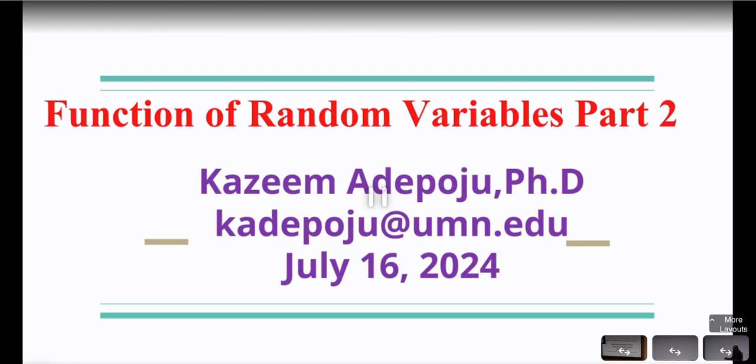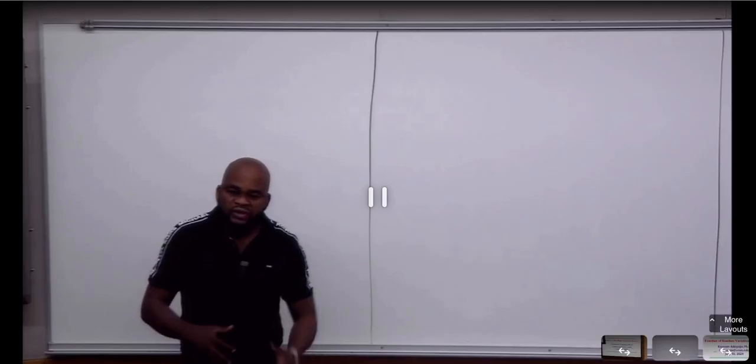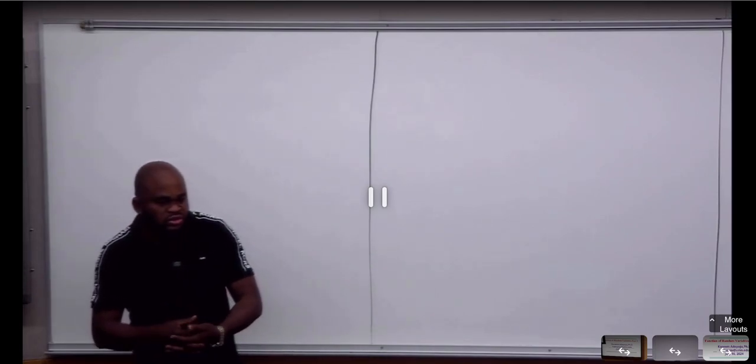But what is going to make today's lecture kind of unique is that you're actually going to see an opportunity, how probability distributions are being derived from another probability distribution.